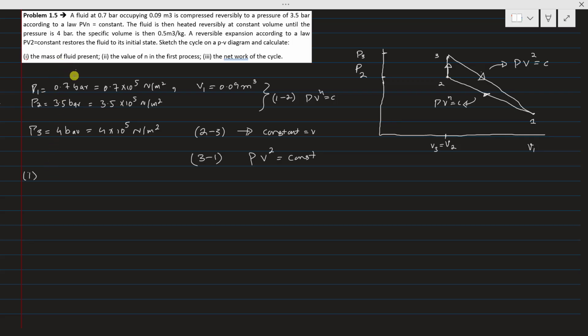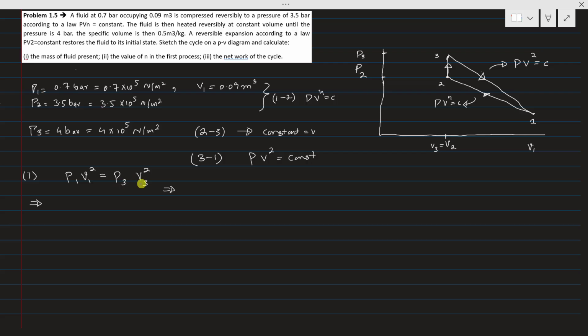Find the mass of the fluid. Just focus on process 3 to 1. Here the expansion takes place by the law PV^2 equals constant. So I can say that P1 v1^2 must be equal to P3 v3^2, where v is the specific volume, remember, squared.